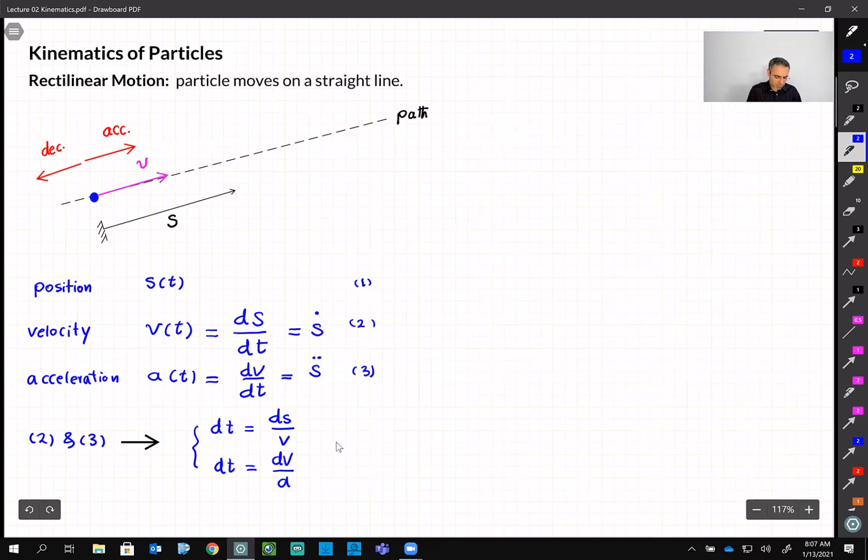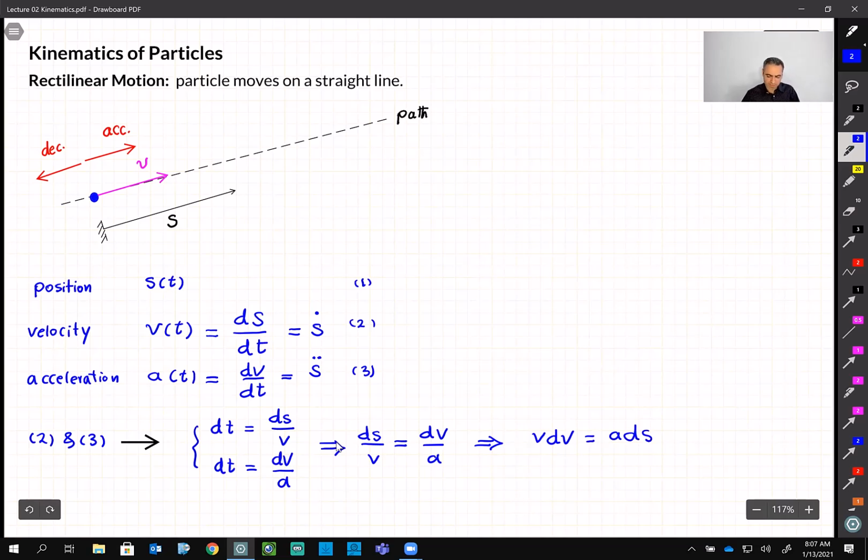Now, if I combine these two, because dt is equal to dt, I can write ds divided by v is equal to dv divided by a. And this simply gives me what? Oh, I might have made a mistake somewhere. This is v, right? So then I will get v dv is equal to a ds.